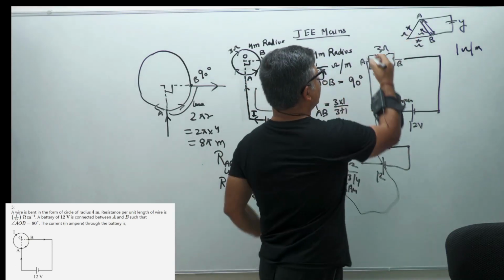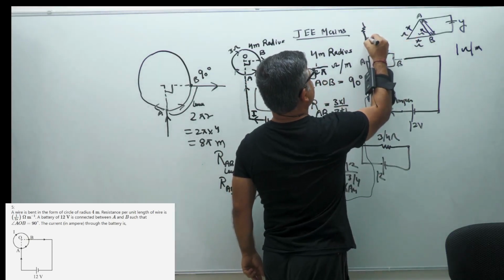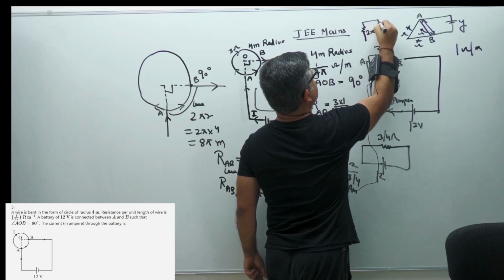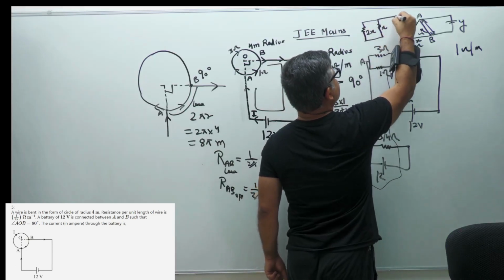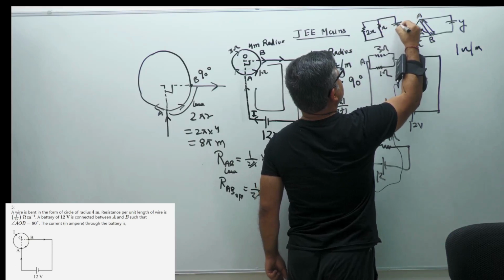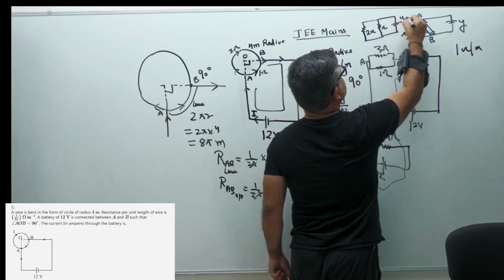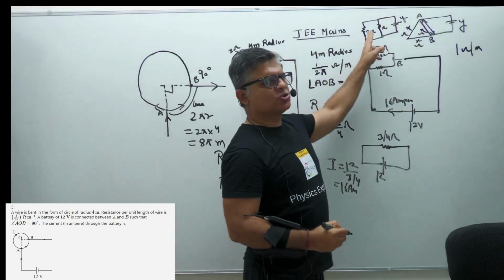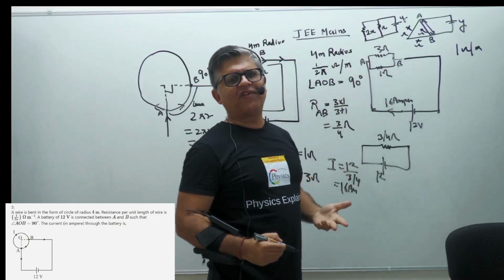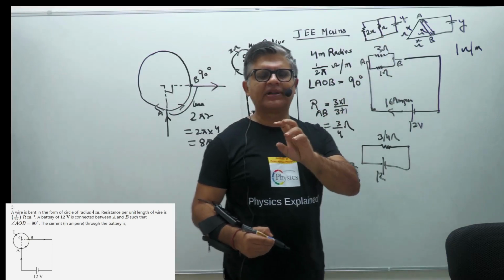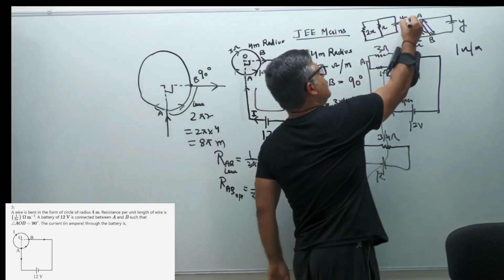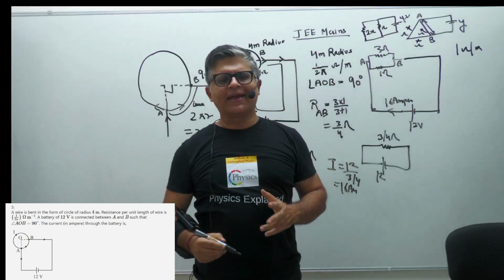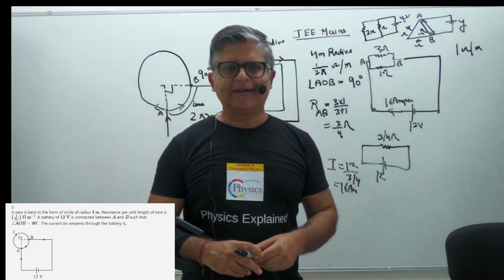Now the circuit becomes 2x and x, and this is your y. So these two are in parallel, and you can find the equivalent resistance and calculate the value of the current being drawn from the battery. This is y volts.